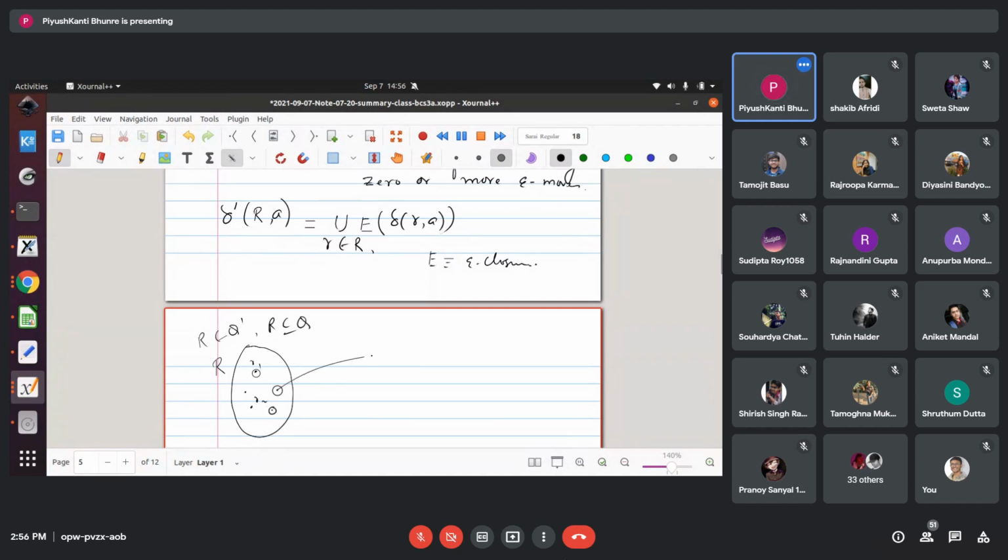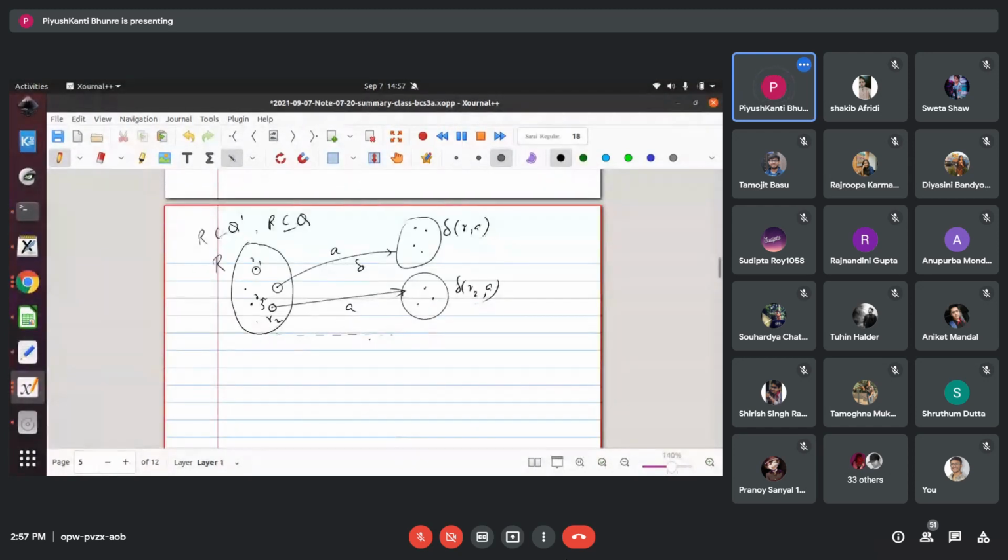And from there, using delta moves, it can go to another set. So this is your delta(R1, a) as before. Similarly, from here there is another set it can go to. This may be R2, this may be another R3 and so on. So there may be many other such transitions.